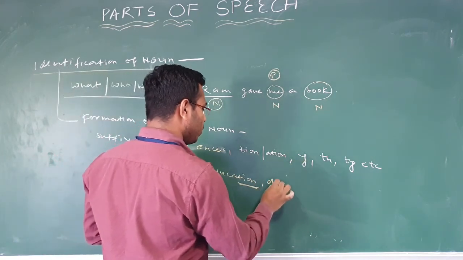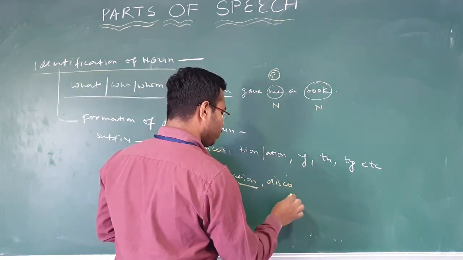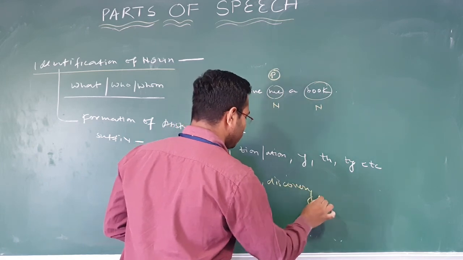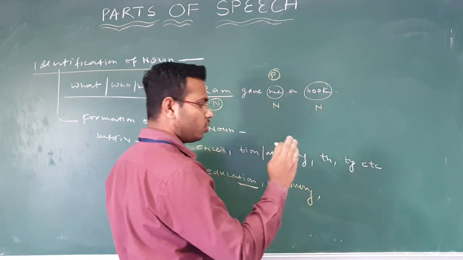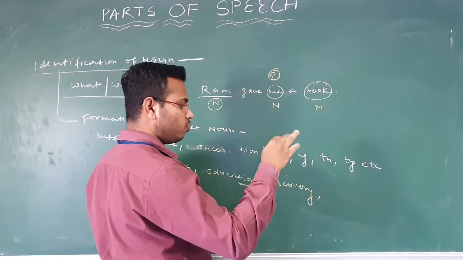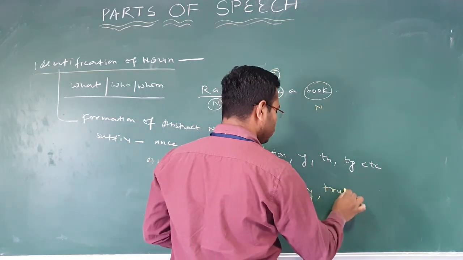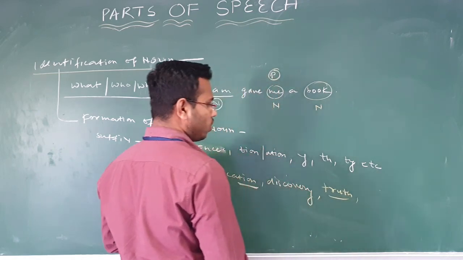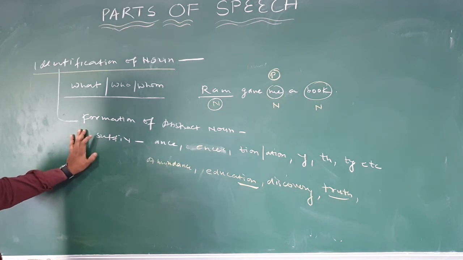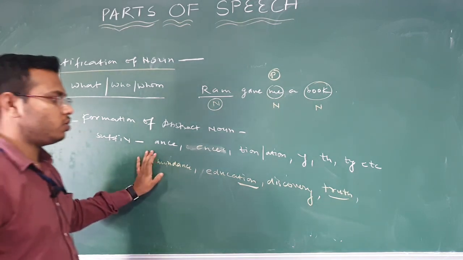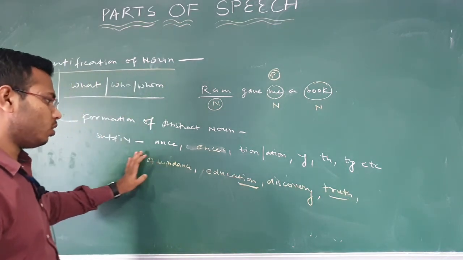Y, so we can say discover to discovery. Th, we can make truth from true. So in this way several examples are possible. How can we make abstract noun? We can add these suffixes to words to make abstract noun.